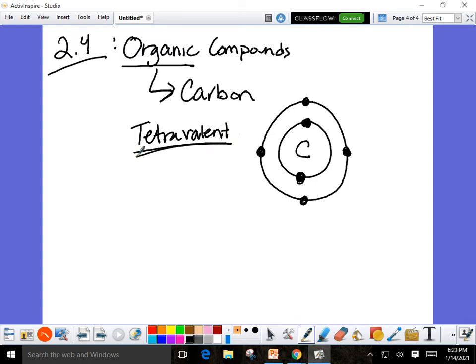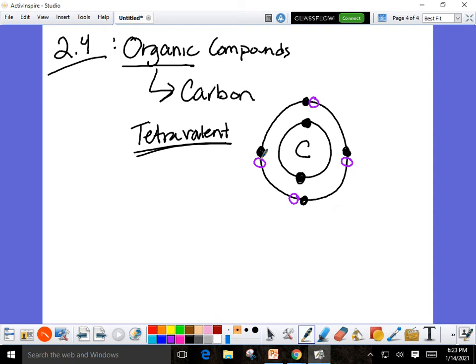Four valence electrons. That outer shell can carry 8, and carbon only has 4. So carbon has the ability to gain 4 more electrons to become full, which it wants to be.